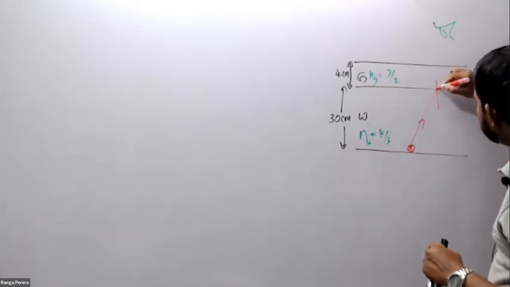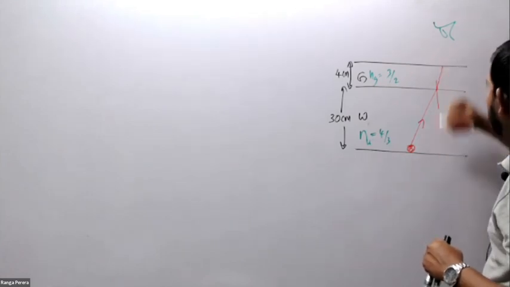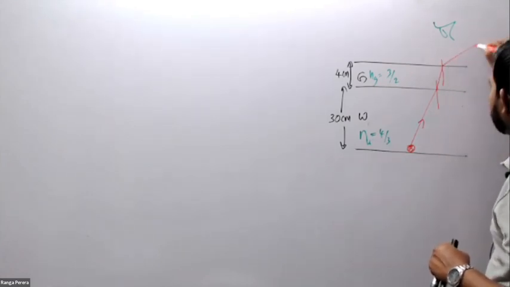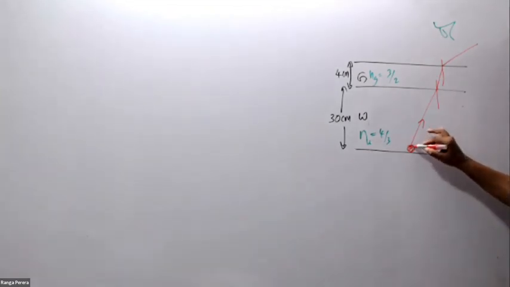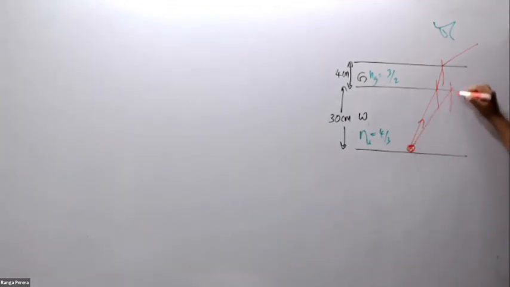So here it bends towards the normal. At this point it bends away from the normal. If I take another ray, it again bends towards the normal. But what will happen at this location? It might be the location of the critical angle or total internal reflection point.